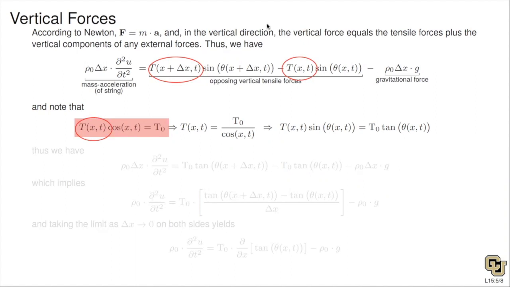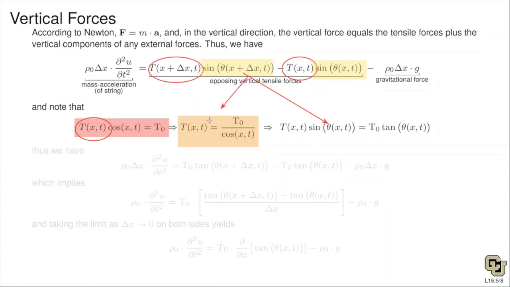So here we can write T of x,t as T sub 0 over cosine of theta. And now if you look in our equation, the T of x,t is being multiplied by a sine term. So let me go ahead and multiply in there a sine term.